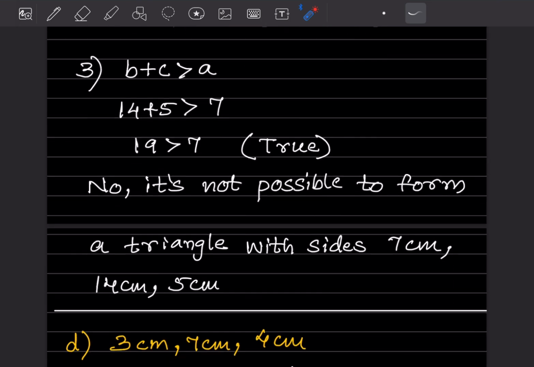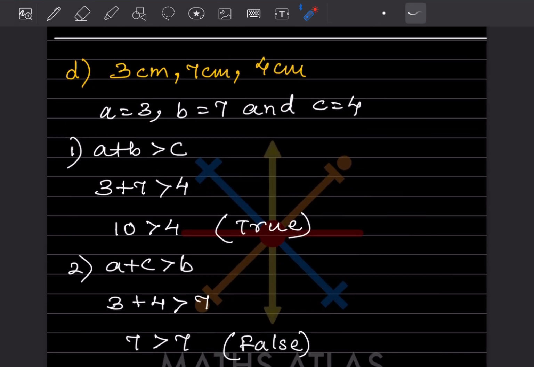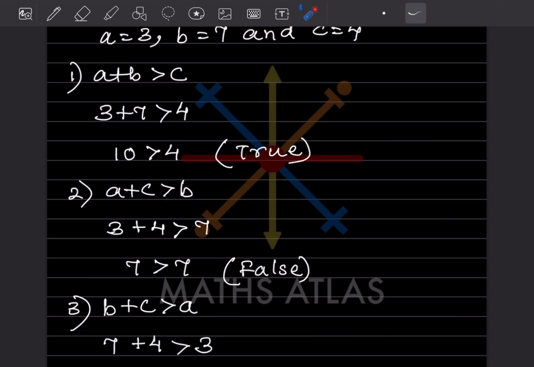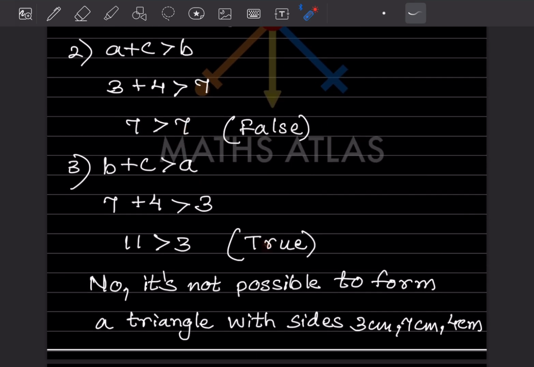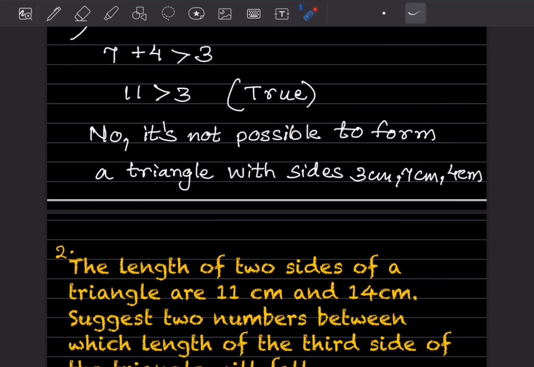So we can say no, it's not possible to form a triangle with sides 7 centimeter, 14 and 5. In all the three conditions it should be true. Now here, A, B, C. Again you just put the values and you can check. If we put here 7 is greater than 7, this is false. So it's not possible to form a triangle.